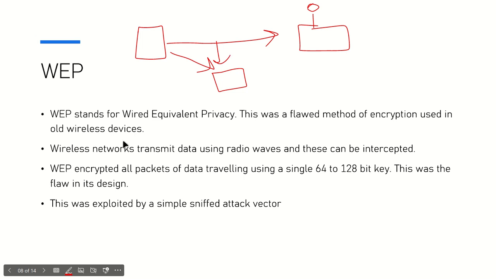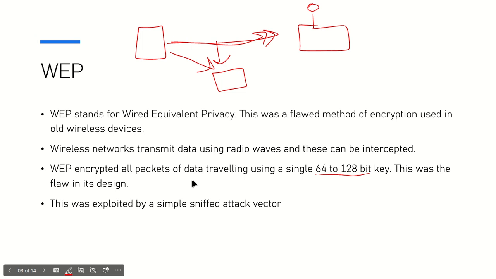In WEP, all these messages that are being sent to the router are encrypted. They are mixed around using a certain key, and this key is 64 to 128 bits. This is the flaw in the design, because it's the same key that is used to encrypt literally every message that passes through.